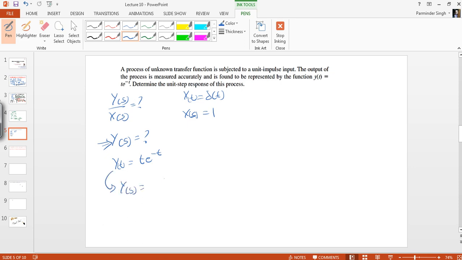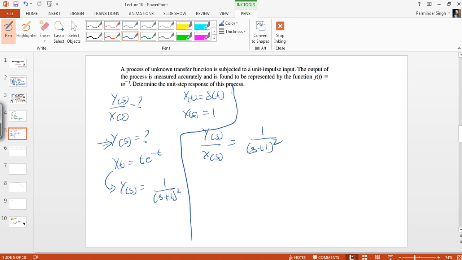For t, it's 1 over s squared, and with e^(-t), it becomes 1 over (s+1) squared. Now Y(s) is known, X(s) is known, so our transfer function is Y(s) upon X(s), which is 1 upon (s+1) whole squared. Clear? Now we know our transfer function.